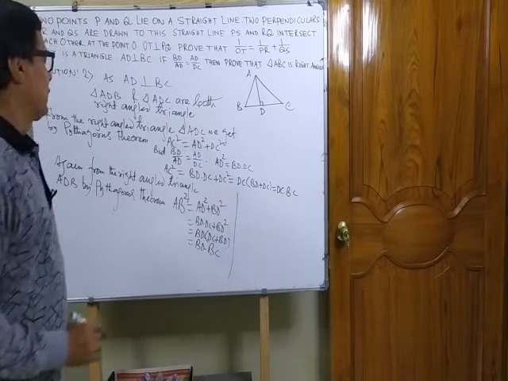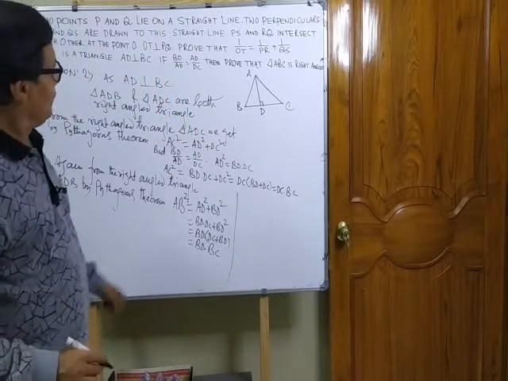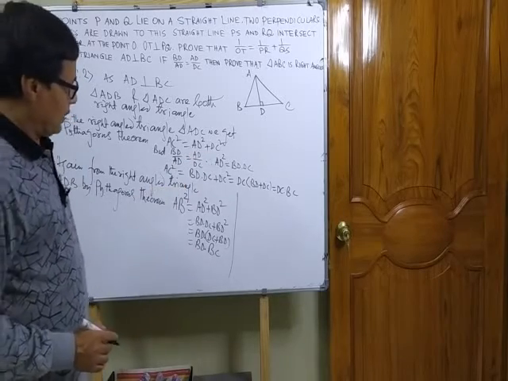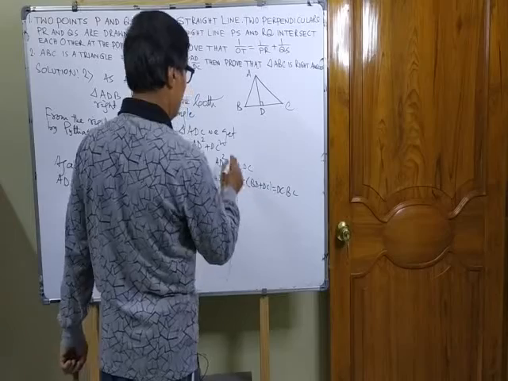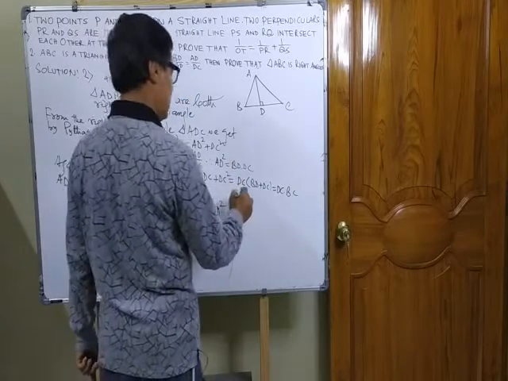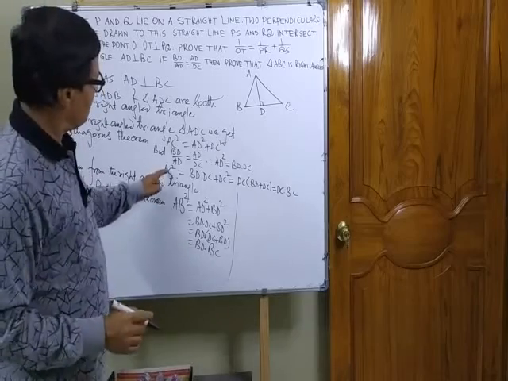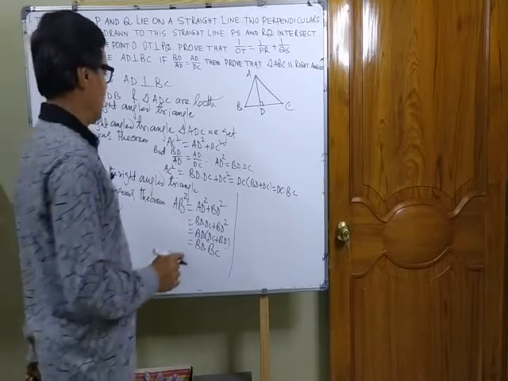So we can take the summation of AC square and AB square.